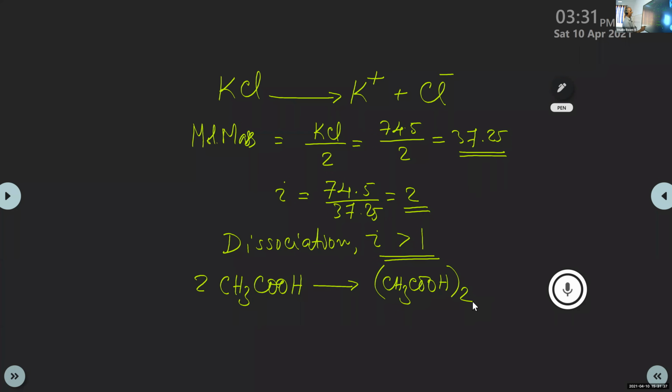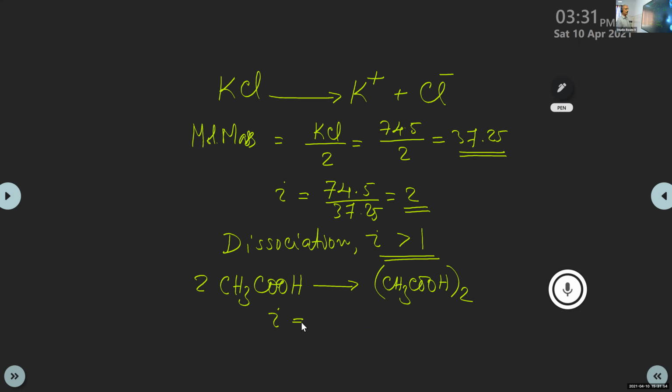Now we can calculate the Van't Hoff factor i, that is equal to normal molecular mass. Normal molecular mass means the molecular mass corresponding to CH3COOH.